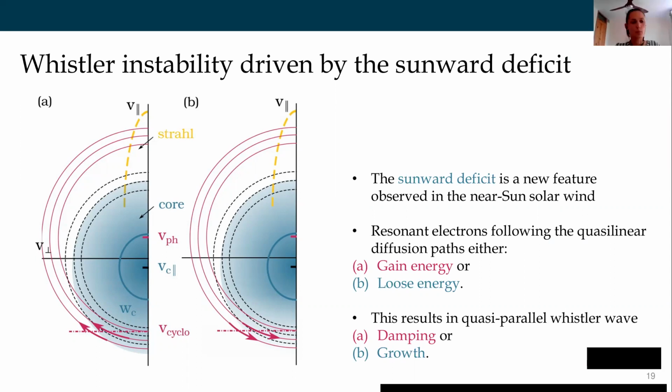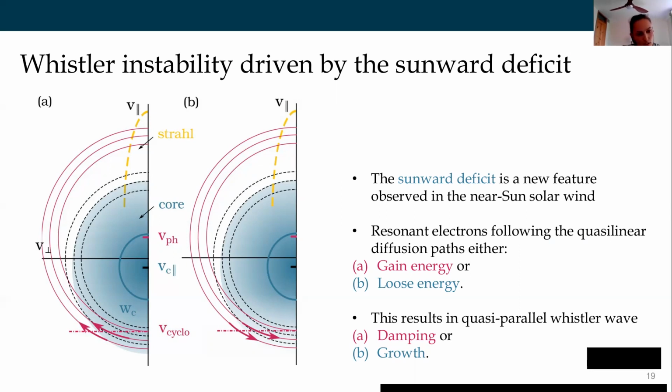These resonant electrons can diffuse along the curves of equal energy in the wave frame of reference, which are shown here in pink. But the direction of this quasi-linear diffusion will depend on the phase space gradient. Electrons always move from regions with higher phase space density to regions with smaller phase space density. So in this case, when we just have normal core and strahl, the direction is to the left.